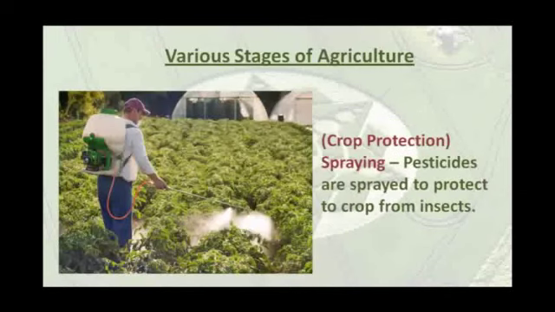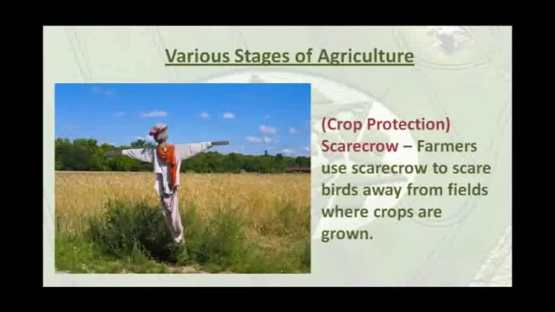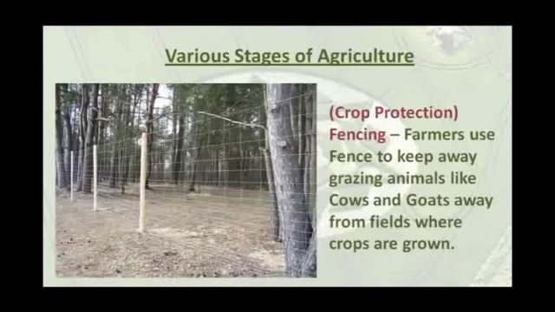Crop protection by spraying. Pesticides are used here to spray. Crop protection by scarecrow. Farmers use a scarecrow to scare the birds away from the fields. Crop protection by fencing. Farmers use a fence to keep grazing animals like cows and goats away from the fields where crops are grown. And then harvesting.